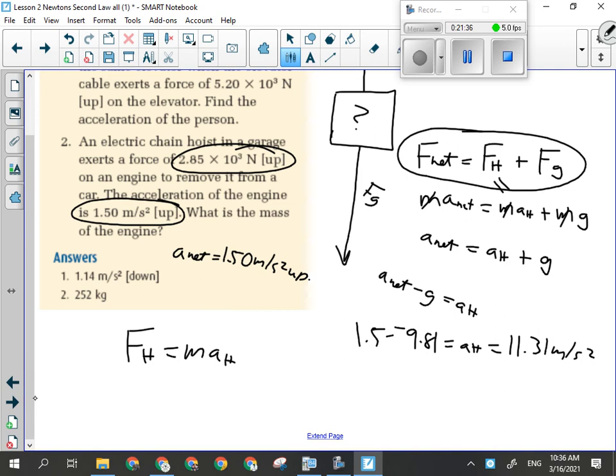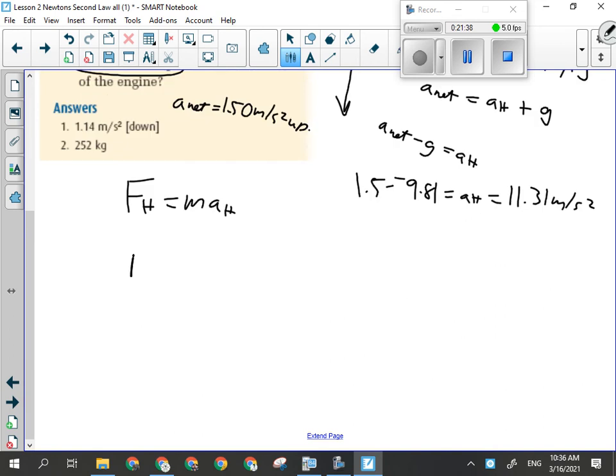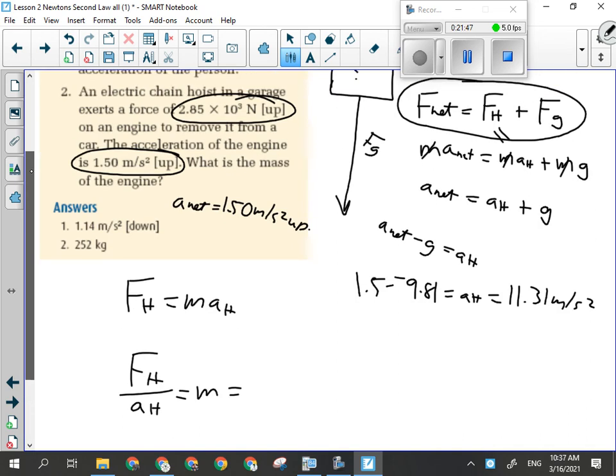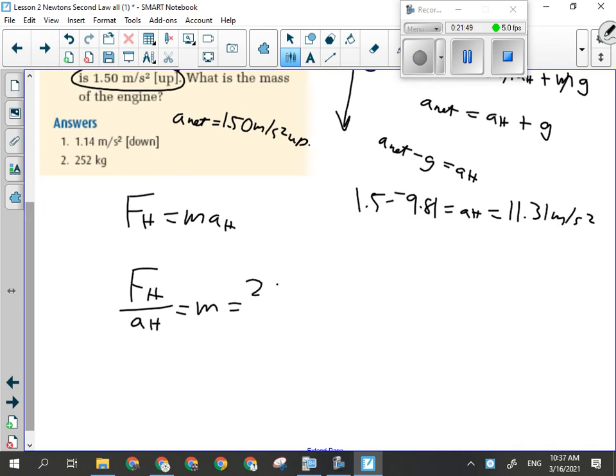So I'm going to isolate the mass of the engine. I'm going to have force of the hoist divided by the acceleration of the hoist equals m. So that's going to be 2,850 newtons divided by 11.31. That's going to get us 252 kilograms.